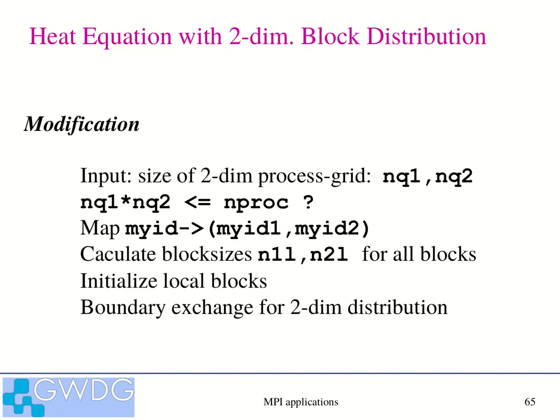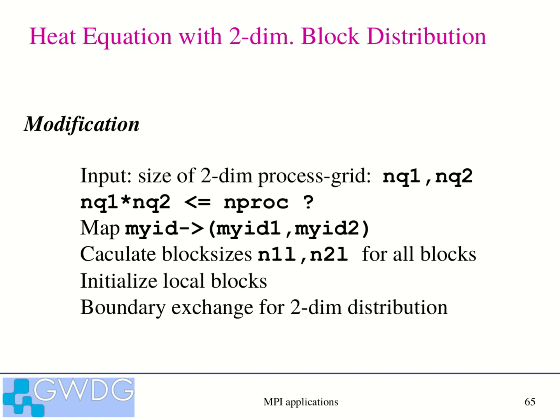Then we will be the number of processes needed to parallelize this algorithm, and so the number I input should be smaller than the value n proc with which we just started with the MPI run command.